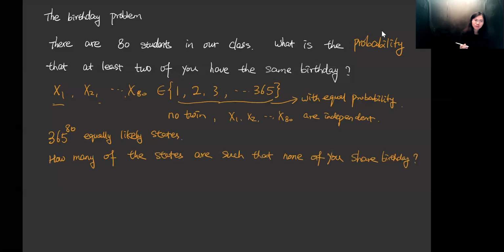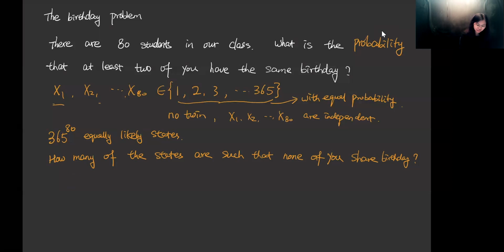So the number of ways to do that can be obtained in two different ways. One is to fill each of your boxes sequentially.